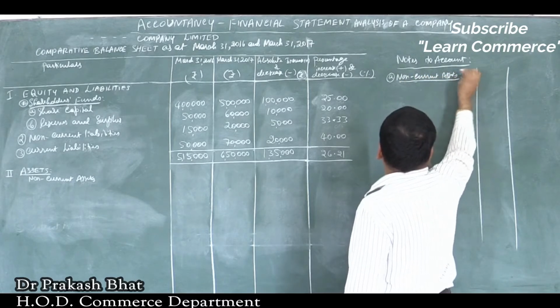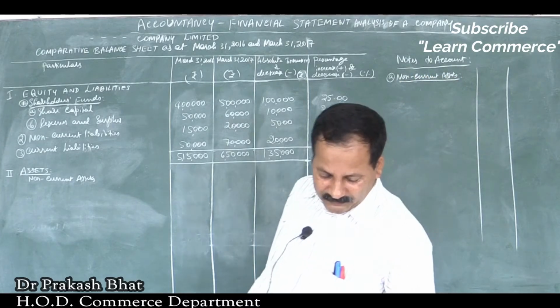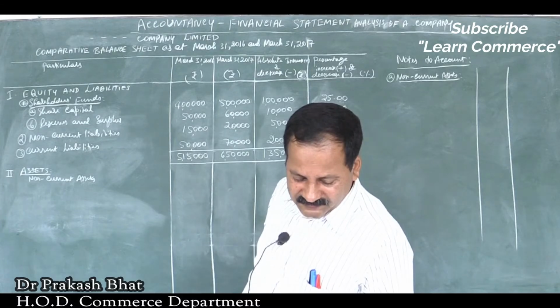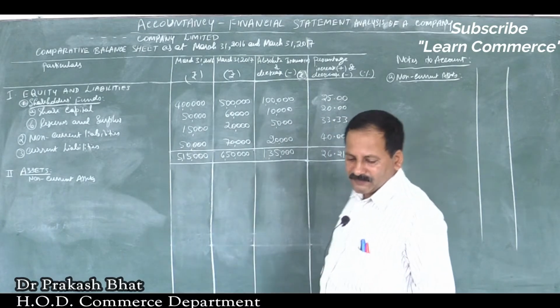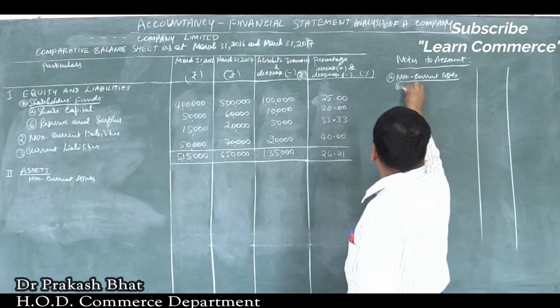Non-current assets. Under that, there are 2 items, buildings and machinery, right?